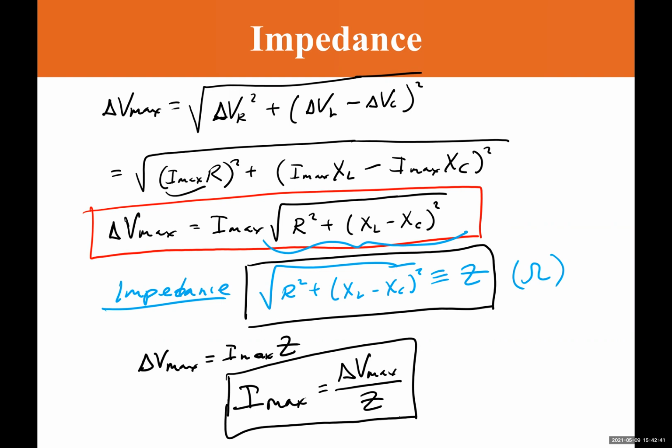Now, impedance depends on four things. If you look at the equation, resistance is one thing that impedance depends on, and it depends on inductance, capacitance, but also, if you remember, those reactances were both frequency dependent. Remember, XL equals omega L, and XC equals 1 over omega C.